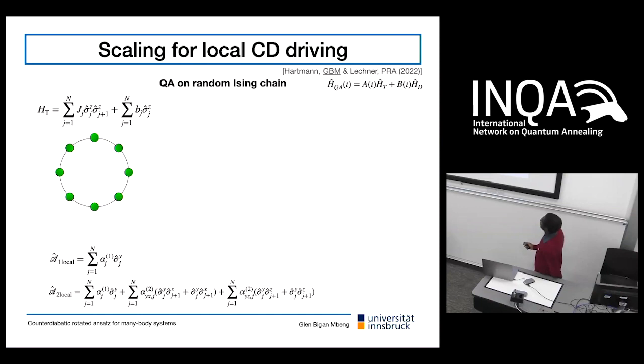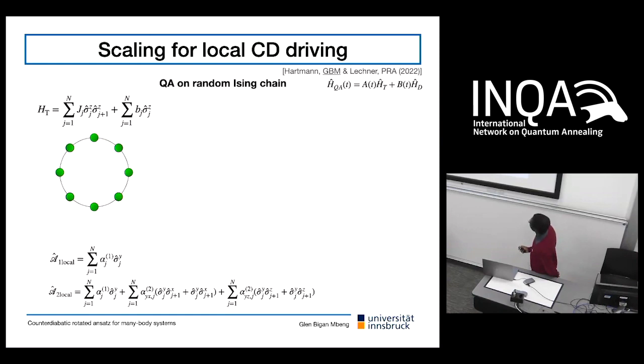an Ising chain. So we have a disordered Ising chain where the presence of a longitudinal field makes the problem non-integrable, so there are no tricks to use from integrability theory.